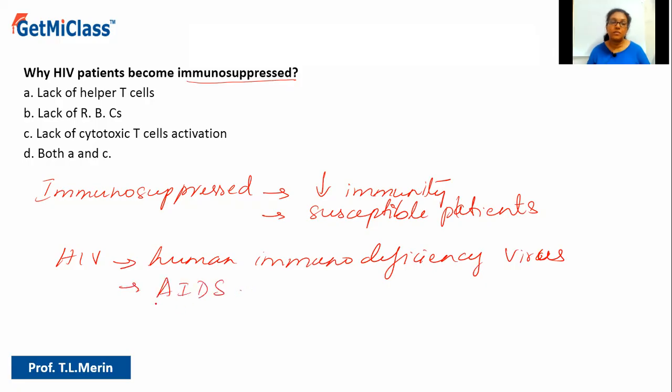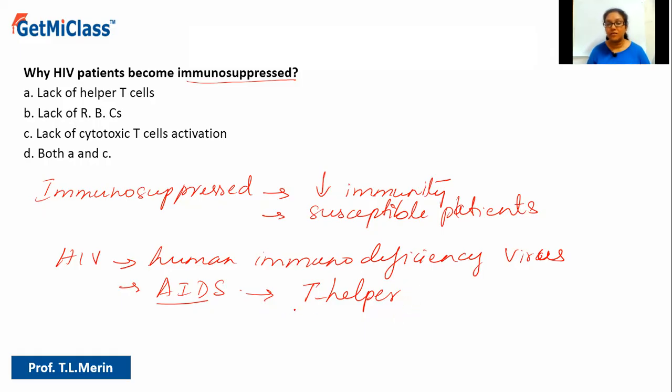So in the people suffering from AIDS, which has been caused due to HIV, the main cells which are attacked are the T helper cells. Of course even macrophages, but a high number of T helper cells will be affected, and further their proliferation will be stopped. Hence the number of T helper cells will be reduced.